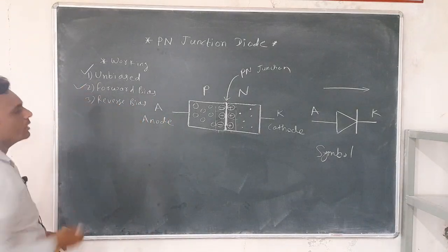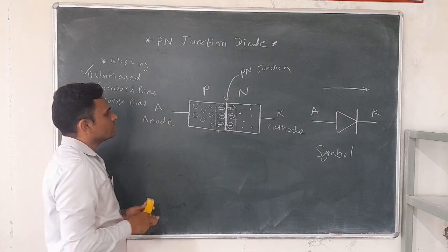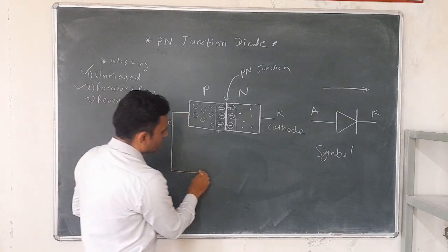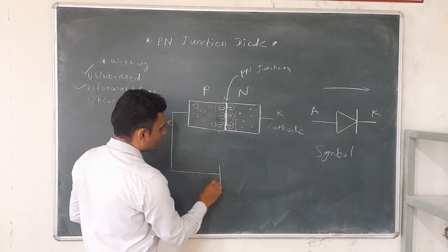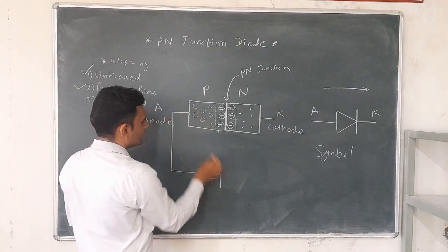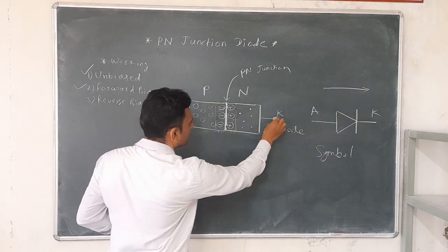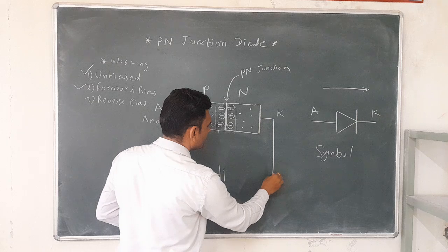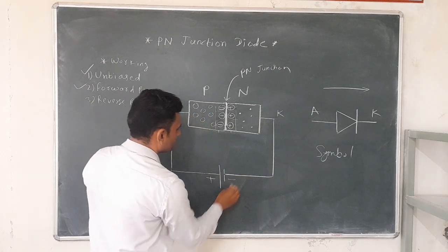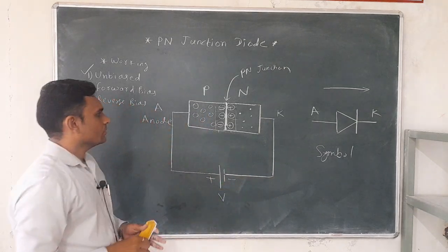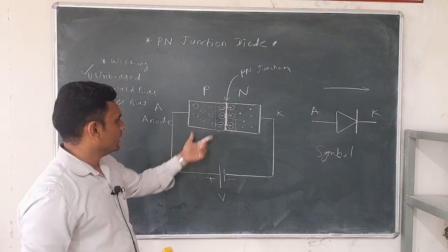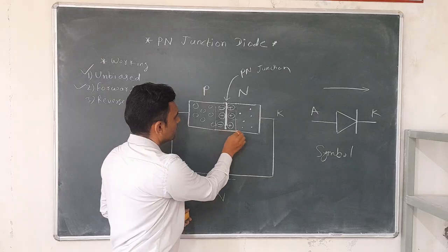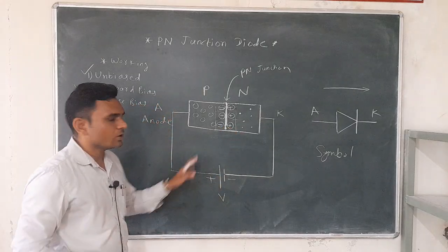Second is forward bias condition. So when positive of external voltage source is connected to anode and negative of external voltage source is connected to cathode of PN junction diode, then this type of biasing is called forward biasing.